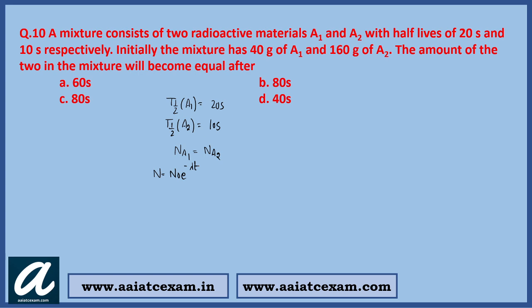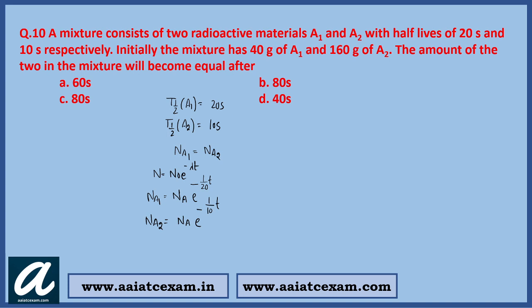So for A1, Na e raised to the power minus lambda t, where lambda is 1 upon the time, so it is 1 upon 20 times t. And what is Nb for A2? It should be equal to Nb e raised to the power minus 1 by 10, times t.